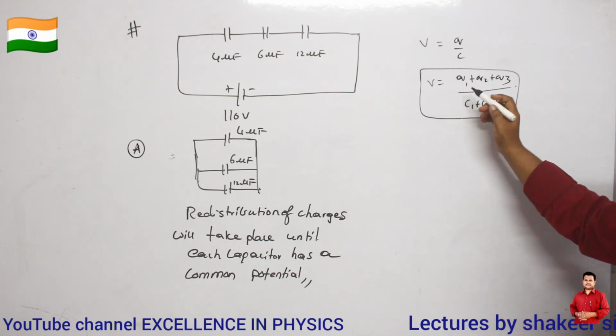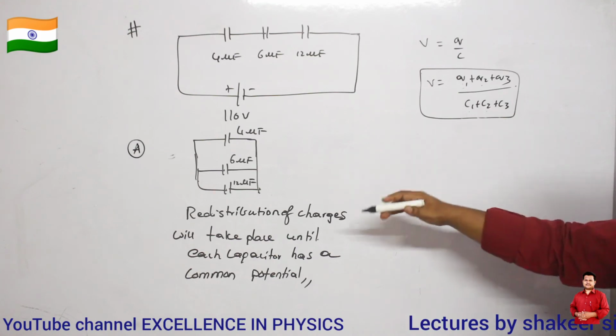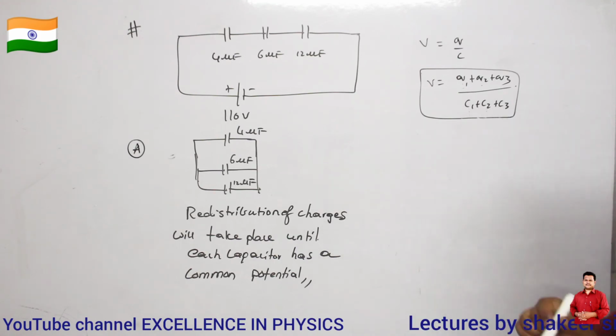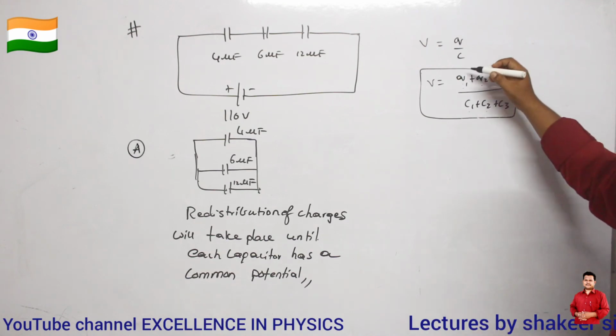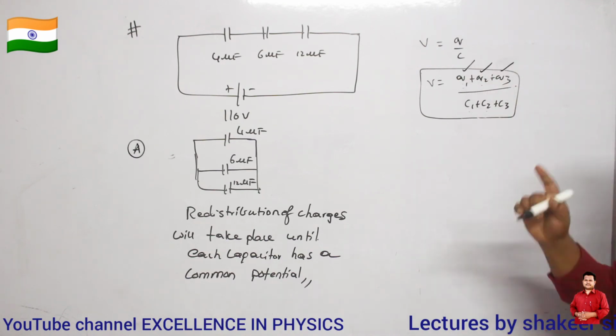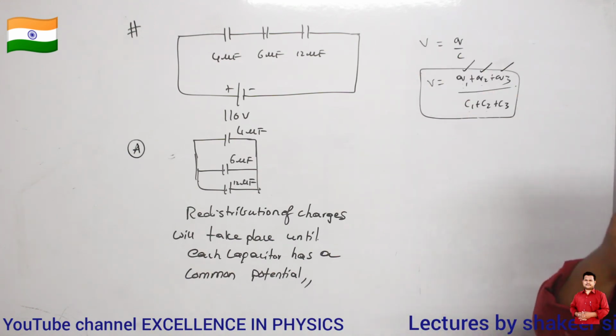Common potential is the total charge Q1 plus Q2 plus Q3 divided by, because they are connected in a parallel connection, C1 plus C2 plus C3. Okay, ma? Now, how can I calculate the total initial charges which are present on these capacitors? What are the charges present on these capacitors? How can I calculate?